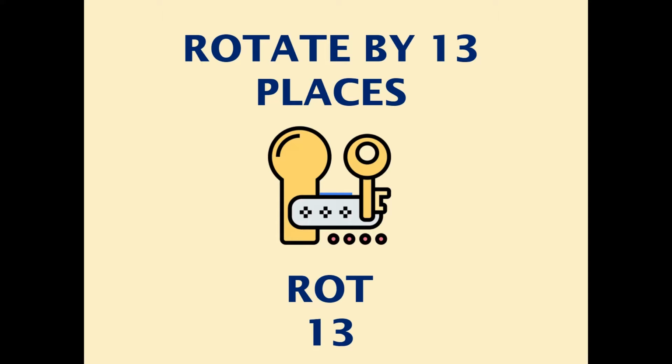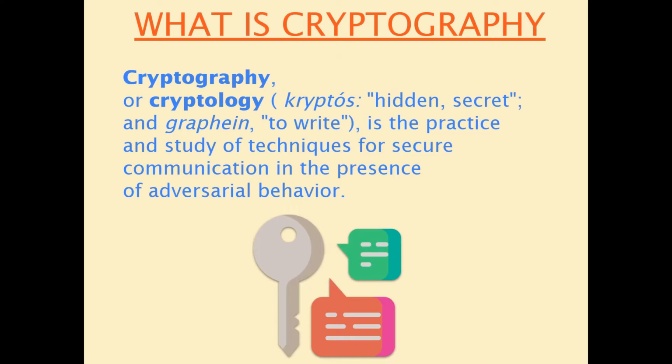Hello everyone, this is Prithvish Pramanik and today I am going to brief you about the ROT13 cipher, or the rotate by 13 places cipher. Now to begin with, let's learn something about cryptography, because ROT13 cipher is a part of cryptography. Cryptography, or cryptology, is made up of two ancient Greek words, kryptos, which means hidden or secret, and graphein, which means to write.